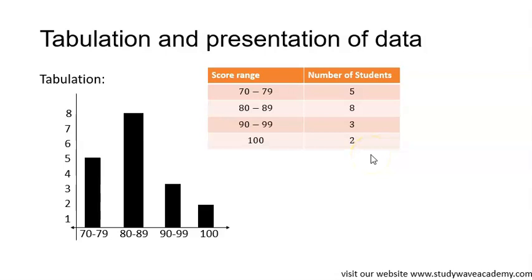When you went around asking your classmates what they got in their exam scores, right? Some persons might have gotten 70, some persons 74, some persons 76. So you just grouped them 70 to 79. So that amount of persons got it. Okay, that is what you did.